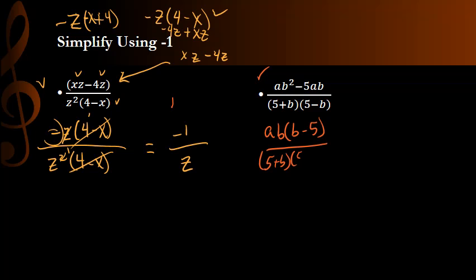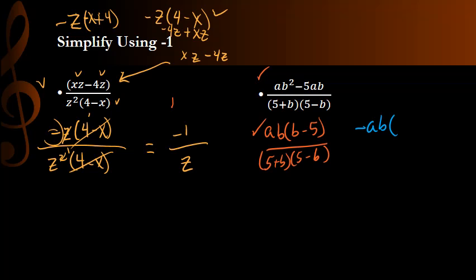But you can see that in my denominator I've got 5 plus b, 5 minus b, and up here in my numerator I have b minus 5. Now, suppose instead I factored out negative ab.